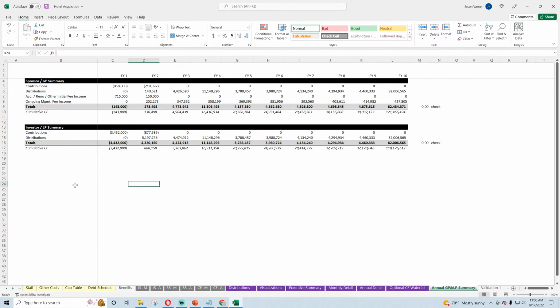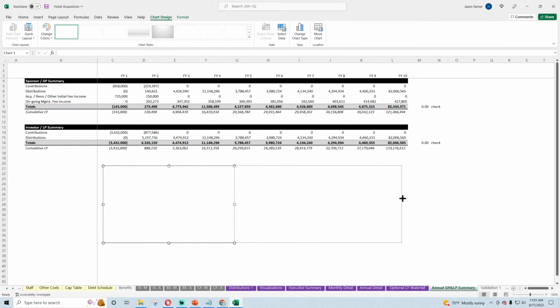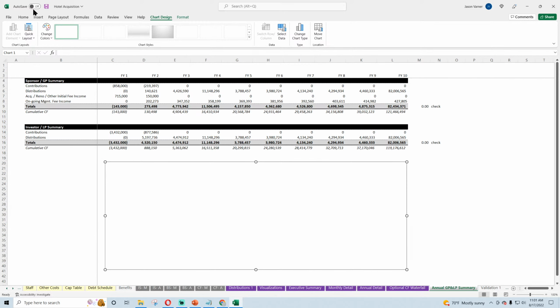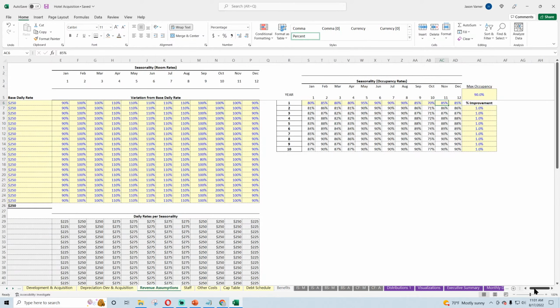Now here we might do a little chart as well. And man, I'm really excited. I mean, this is a great template. I'm excited to be finished with it. This covers so many, has a lot of stuff in it. It probably could be used for rentals as well as short-term rentals because it's based on daily utilization.